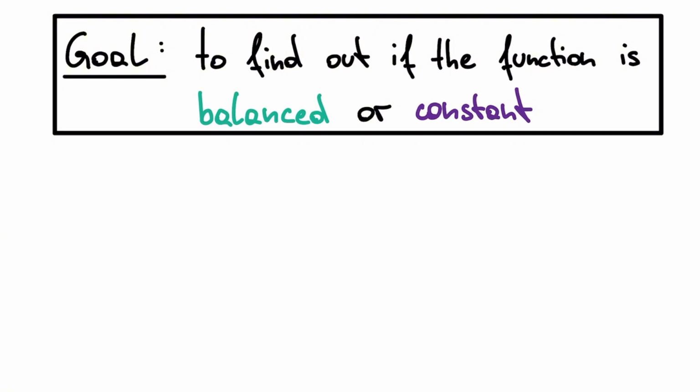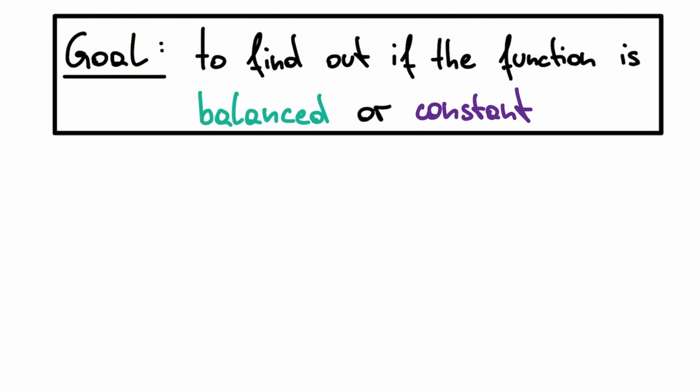We cannot see how the function works internally. All we can do is test it. Now, if we send in one input and look at one output, that obviously tells us nothing. Because if we only try one case, we have no idea whether the function is balanced or constant. We just have one data point, and that's not enough.